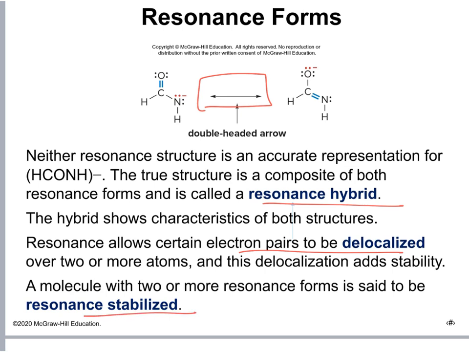The way you draw resonance structures to go from one to the other uses what are called curved arrows. You start with the negative formal charge, and you go from a lone pair to a pi bond, and then from a pi bond to a lone pair.